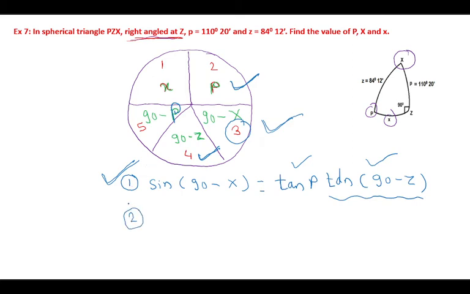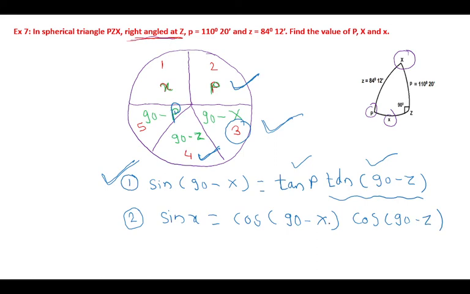Now we have to find two missing components, small x and capital P. To get small x, take this as a middle part. For this middle part, you will observe 3 and 4 are opposite parts. So sine of small x is equal to cos of 90 minus capital X into cos of 90 minus small z.